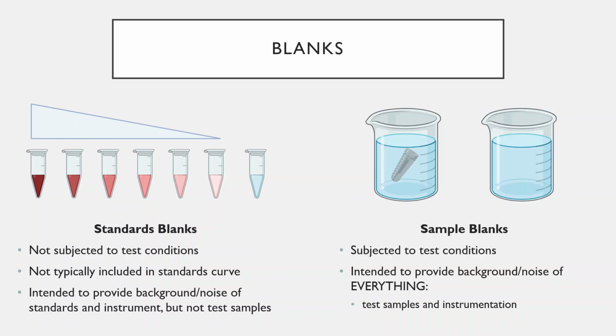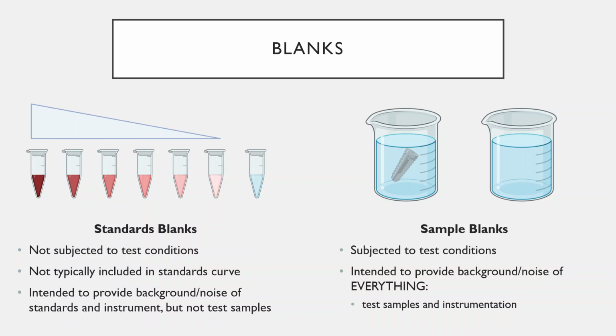Now, we just talked about your standard blanks. You're also going to have sample blanks that don't include your test article, aka your implant, but these vessels and the extraction media are going to be subjected to the same test conditions as your implant extraction test, meaning you're going to have that same matrix, methanol, acetone, toluene, water, whatever, in the glass or the vials that your test implant has.